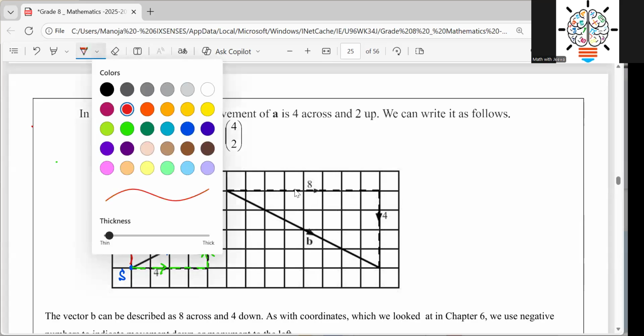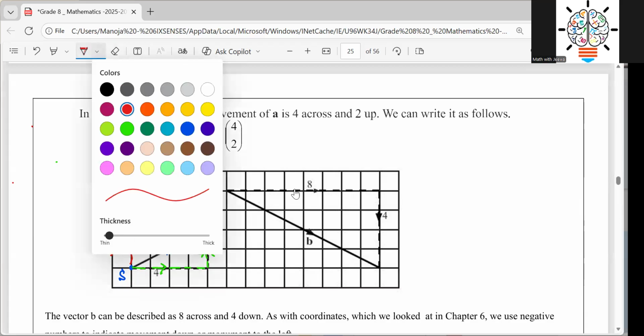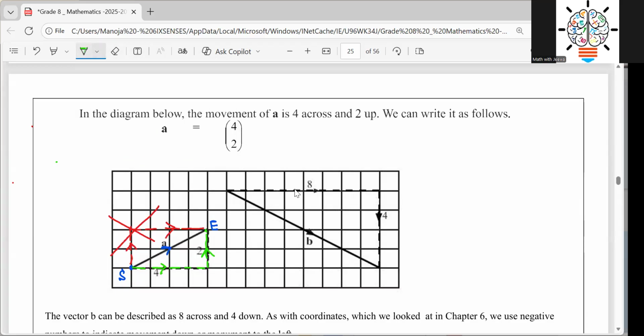Now you just see here, the red color one, we don't take it. We recommend to have this alternative path. Why is that? Keep this in your mind. If you go for the alternative path, always first you want to get the horizontal movement, either to the right side or to the left side. It doesn't matter. If you are moving to the right side, it is a positive value.